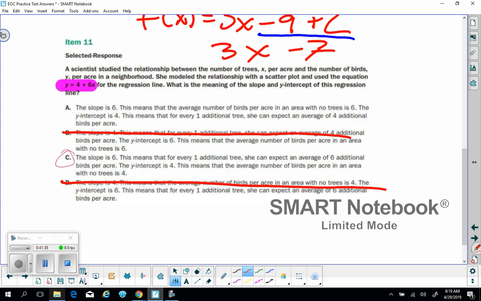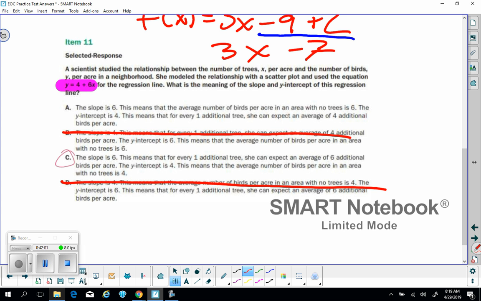So now we have a 50-50 shot. So the next question, what part is my y-intercept? 4. And what does that mean in the context of this word problem? So if we're talking about the y-intercept, it's what we start with, right?